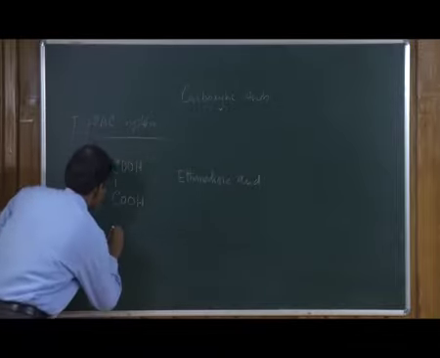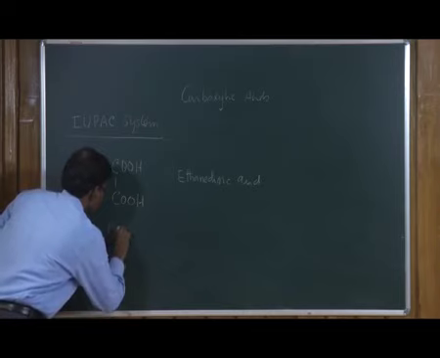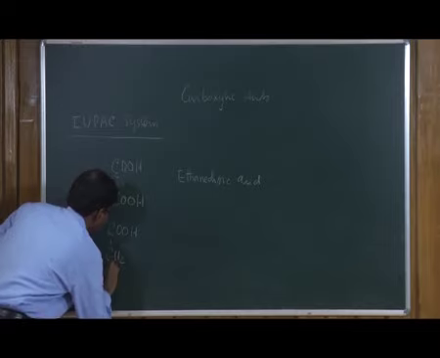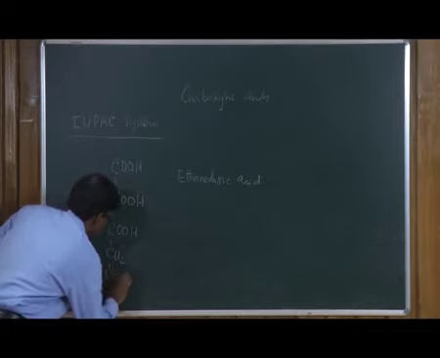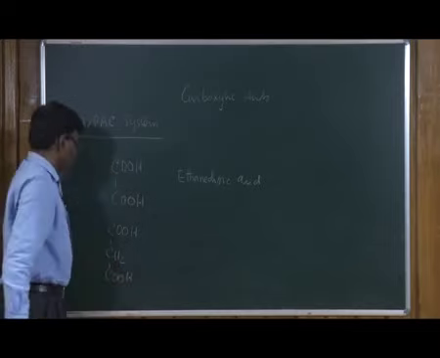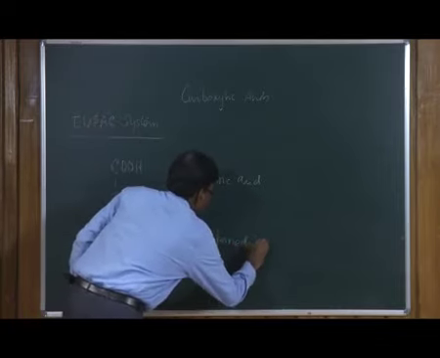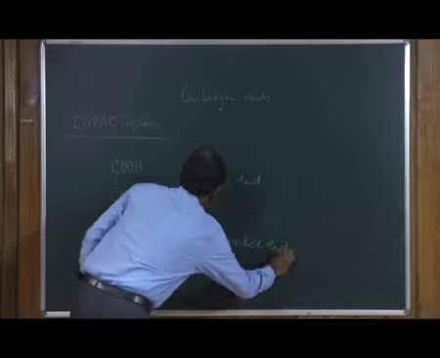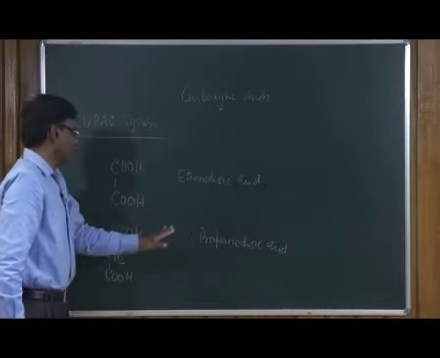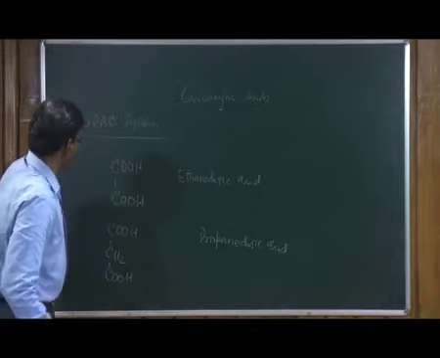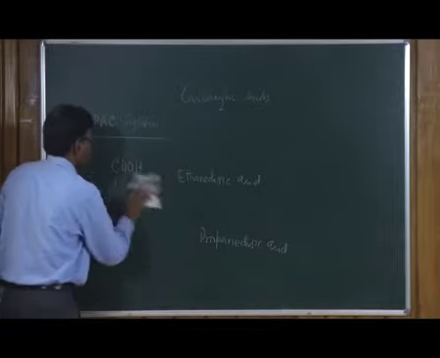Similarly, this one is known as propanedioic acid. These are the examples for aliphatic dicarboxylic acids.